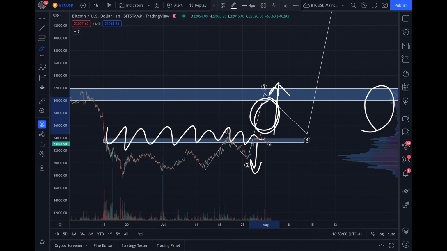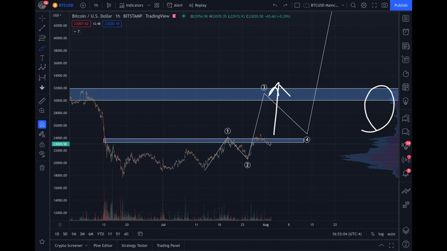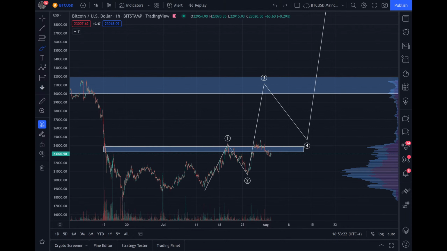There's also the fact that originally, when coming down to this level of 18 to 20, 22, 23K, we kind of just came down and there wasn't much time for people to buy it up. It's imbalance. That's a principle in trading, and some people just trade imbalances.